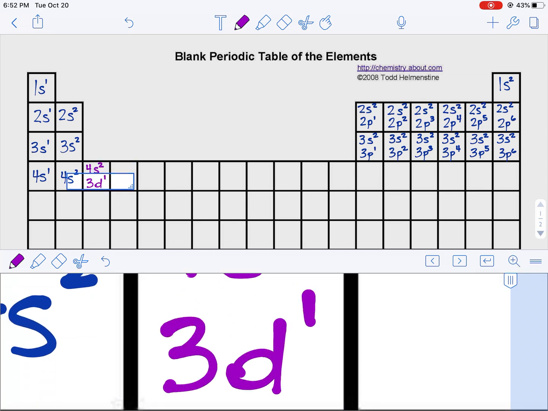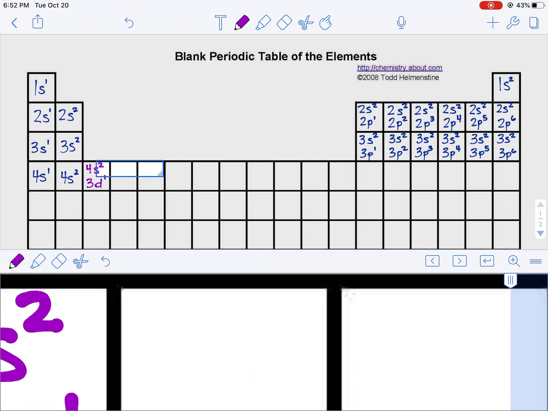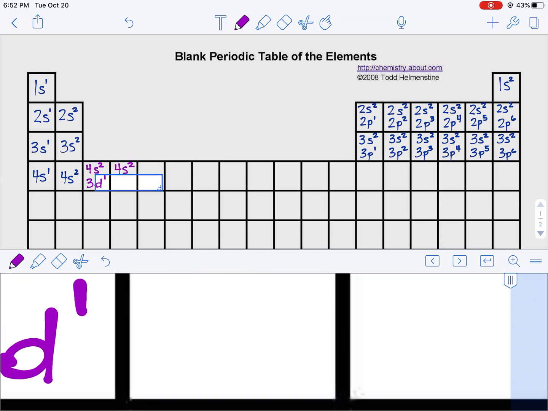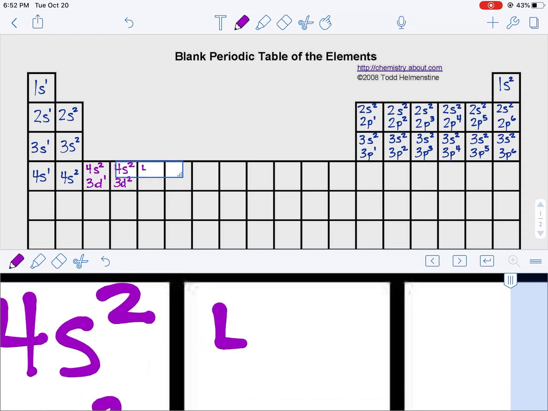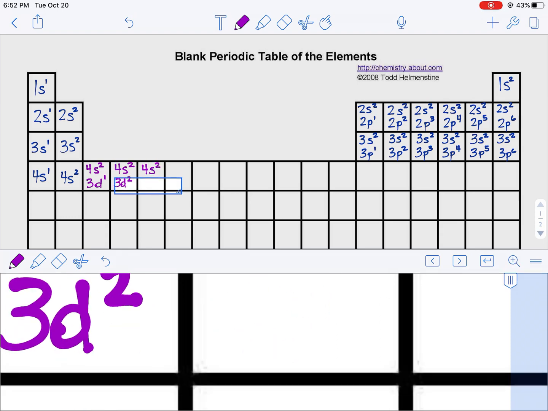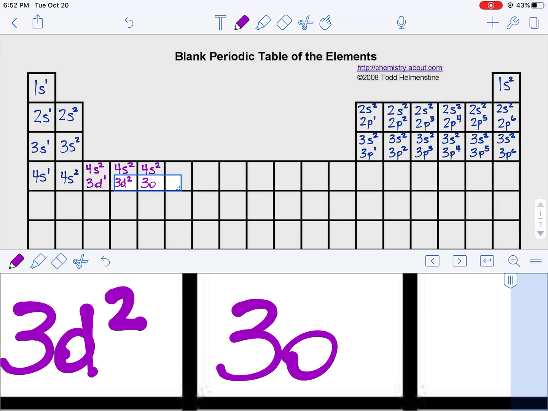However, that 21st electron is going into the 3d1 spot. The 22nd electron will go into 3d2. But 4s2 is our valence shell, so I'd like to write it.